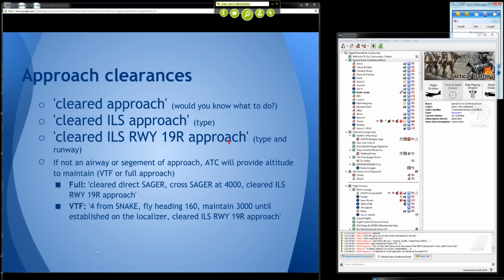So let's take a scenario where we're established on an airway. Pull up a plate.